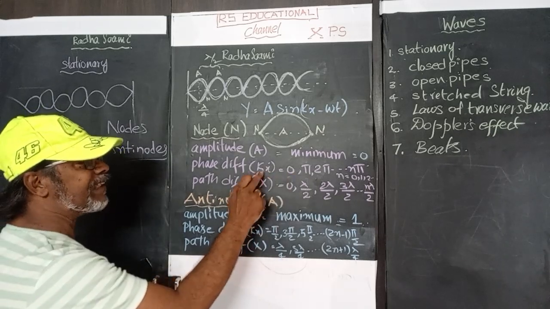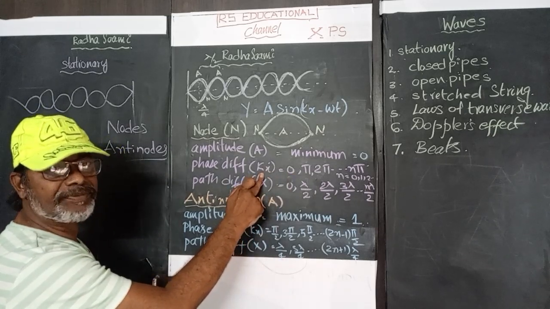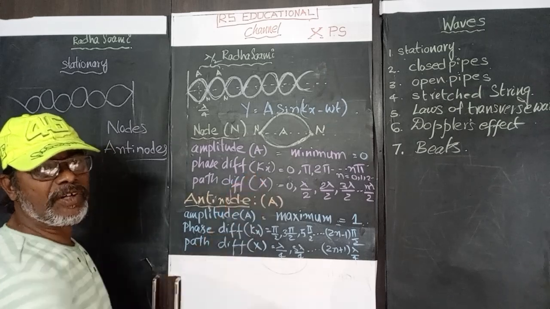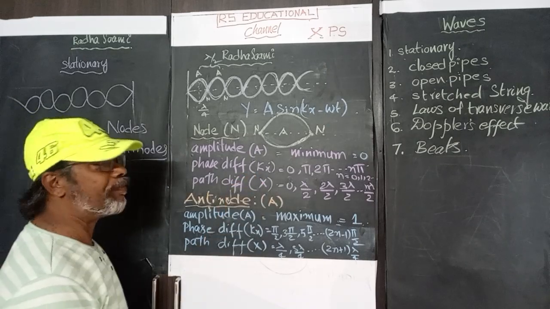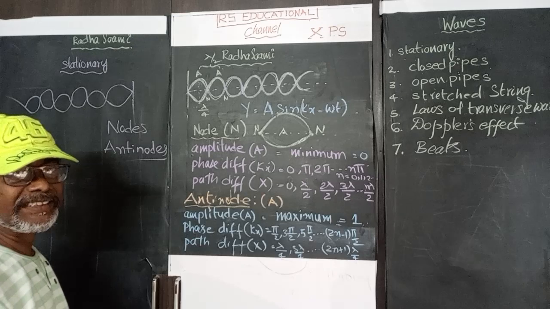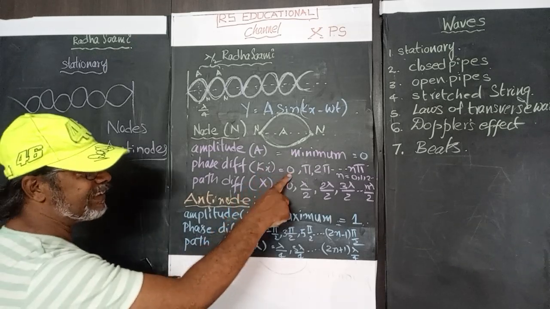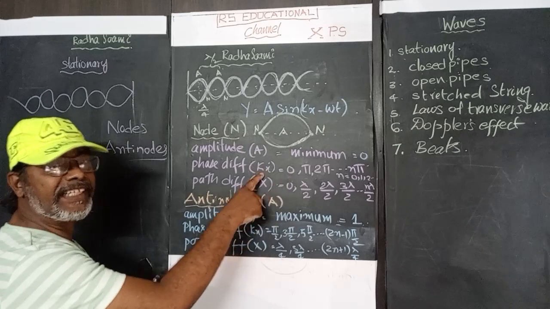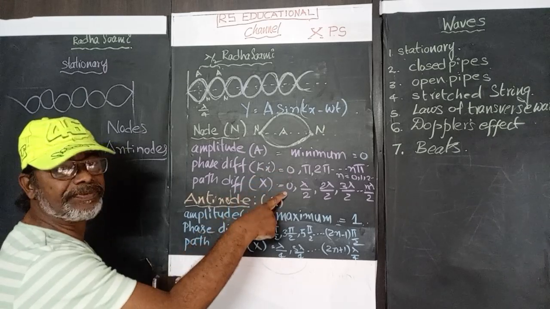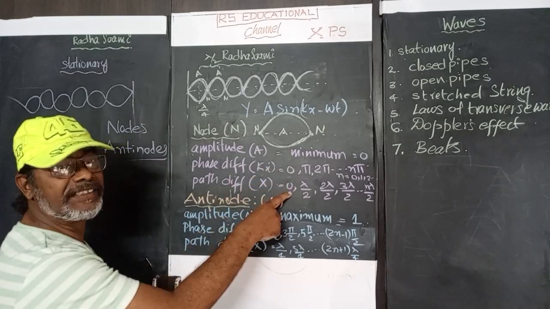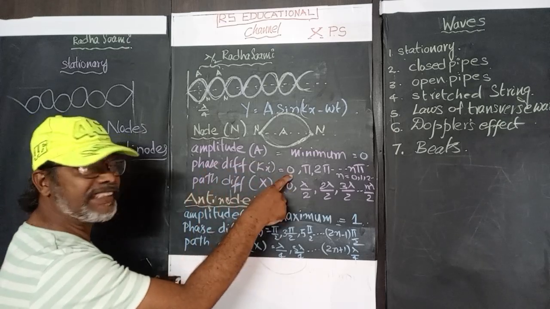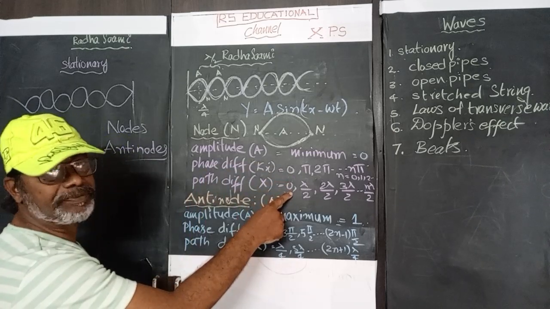It is generally denoted by kx, where k is a constant and x is the path difference. Total kx is called the phase difference. Since kx is equal to 0 and k is a constant, x must be 0. Then the path difference is 0.